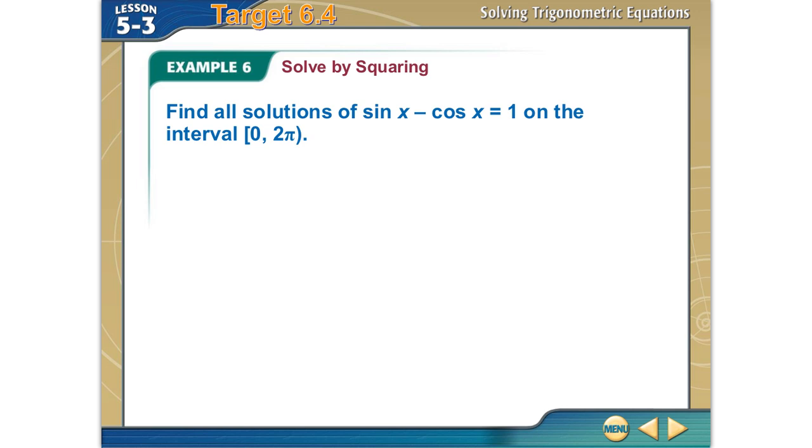However, when we have two different trig functions, before we square it, we want to make sure that we have one trig function on one side of the equation and a trig function on the other side of the equation, okay? We don't want to have two on the same side, because if I were to square both sides right now, this right side would just turn into 1, but this left side would give me a sine squared of x, and then it would give me minus 2 sine x cosine x, and then plus cosine squared of x.